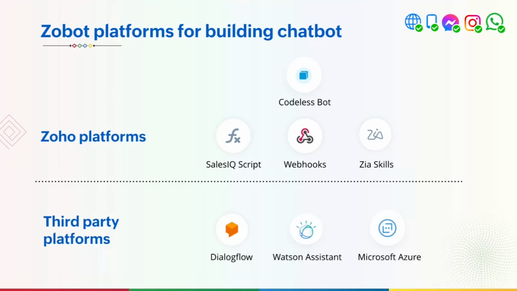We also have Zia Skills, Dialogflow, Watson, and Azure as well. So if you have bots on these services, you can integrate them with SalesIQ and deploy the bot to your visitors on your site. I have created a bot, and I just wanted to demo it for you guys.